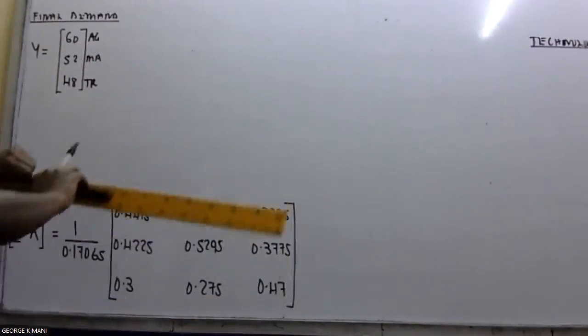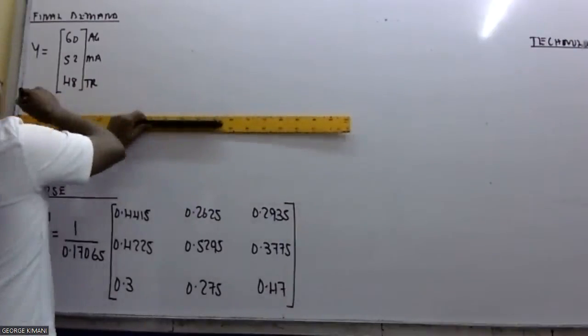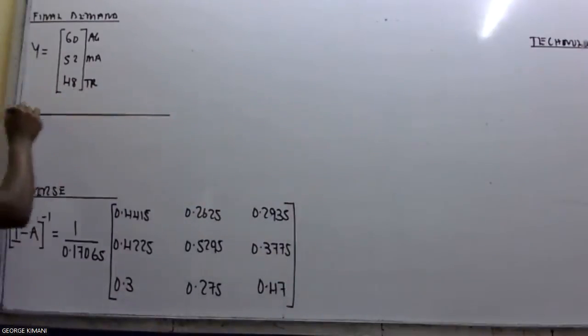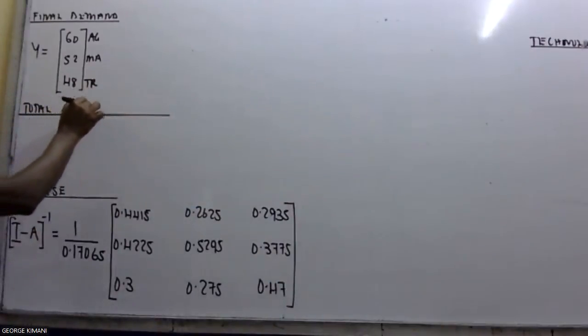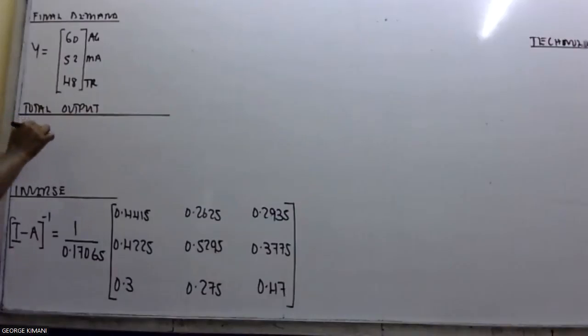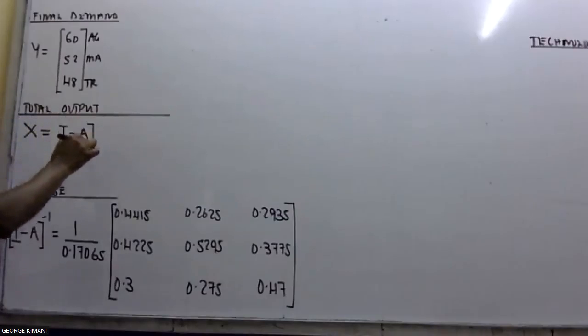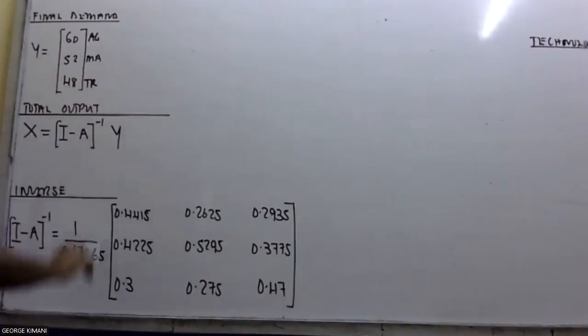Safari bado inaendelea, lakini tumefika mwisho sasa. Where now you are told to get total output. Sasa hapa total output ndio tulisema the formula X is equal to I minus A inverse multiplied by Y.